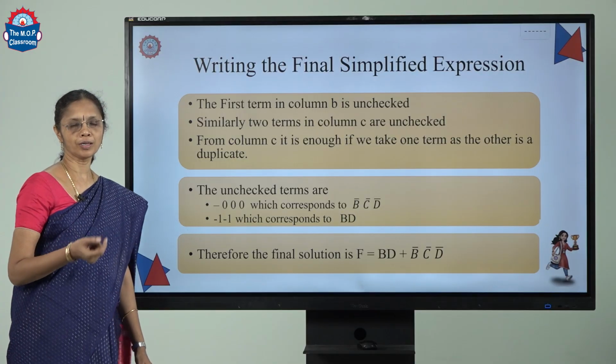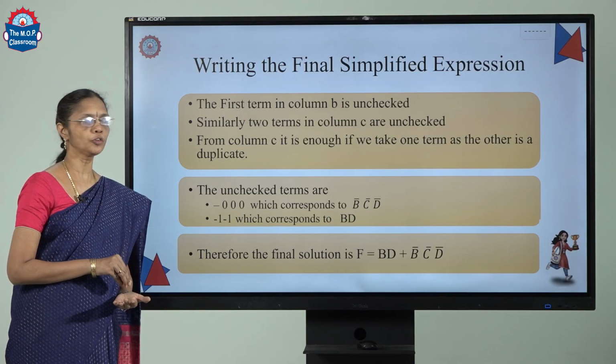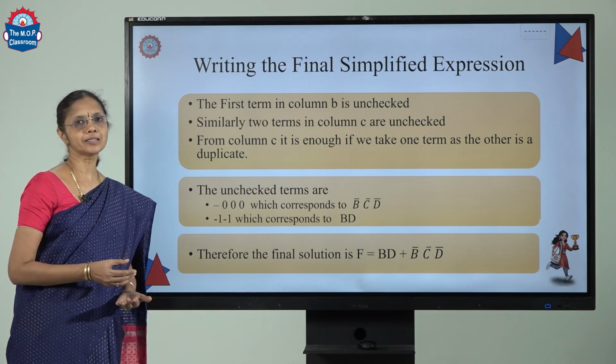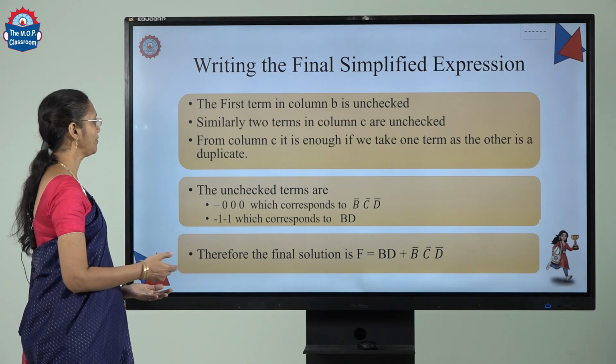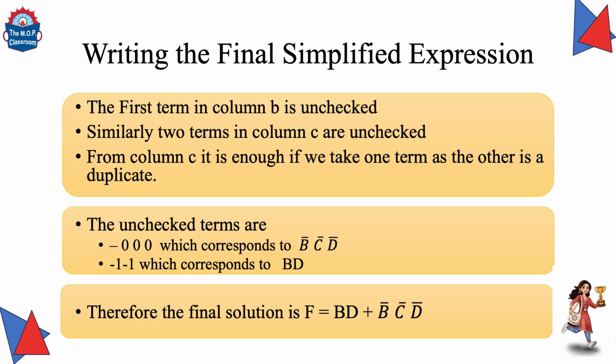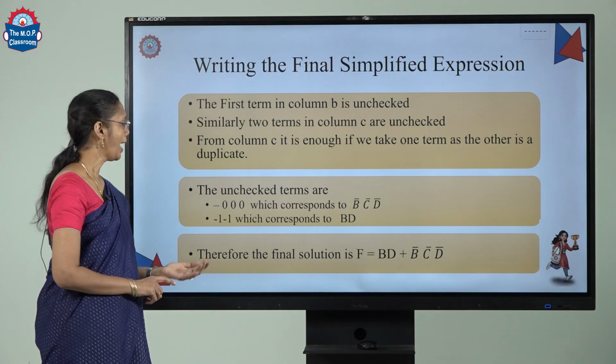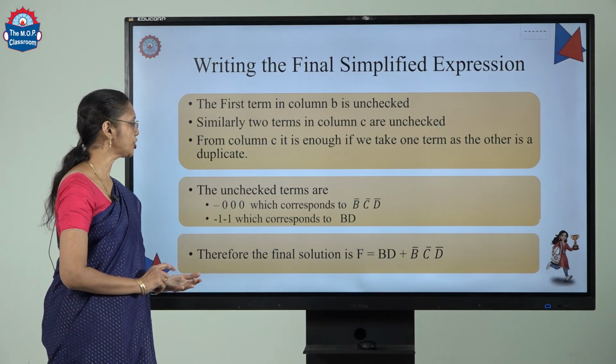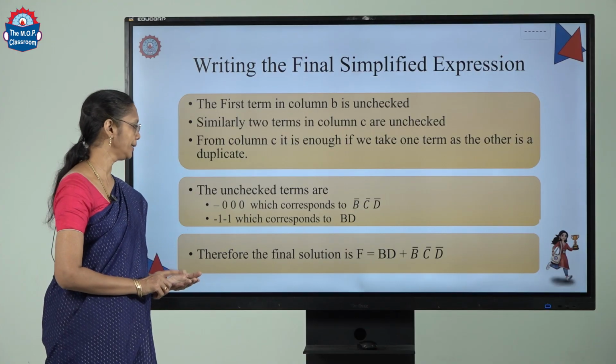So from column C, it is enough if you just choose one because the other is the duplicate of the previous one. The unchecked terms are dash 0, 0, 0 which corresponds to B dash, C dash and D dash and the next term is dash 1 dash 1 which corresponds to B and D.